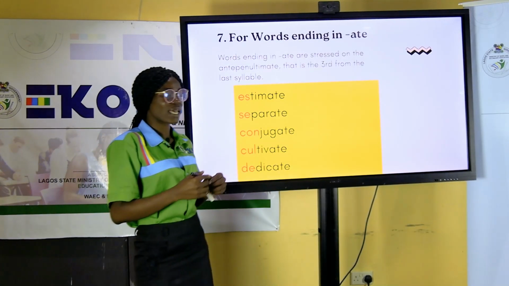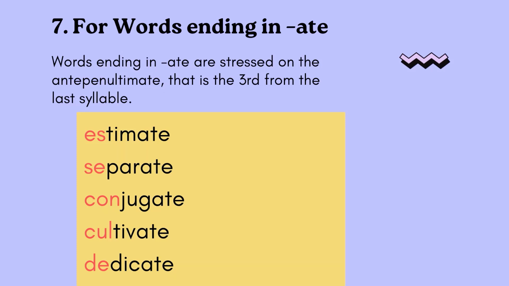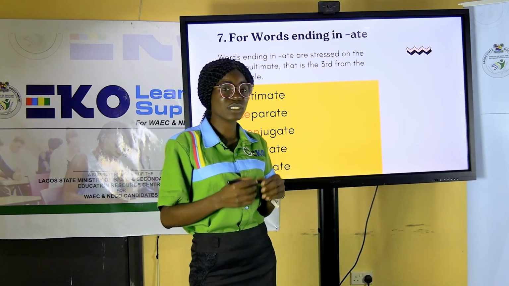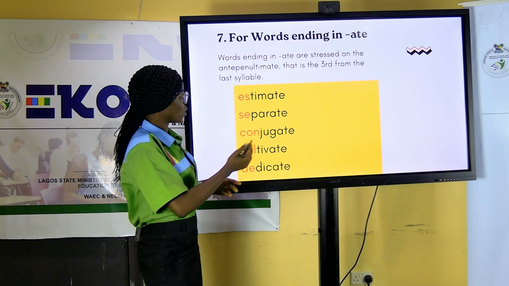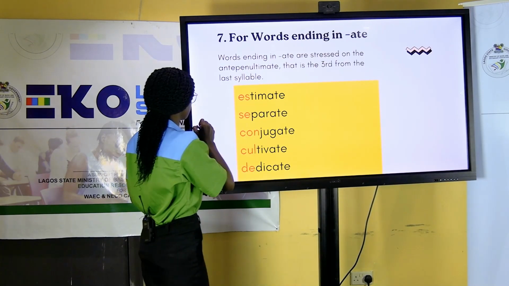Now for words ending in ATE, words ending in ATE are stressed on the antepenultimate syllable. That is, when I say antepenultimate syllable, it means the third syllable from the end. Let's look at it. All these words, they end with ATE.